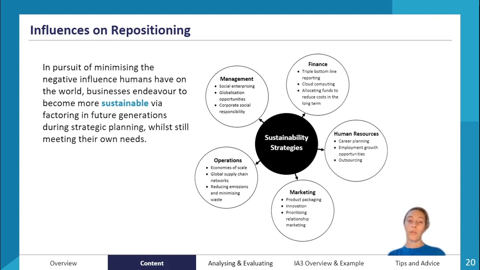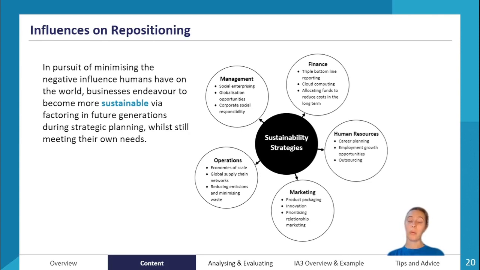So we've got all these different sustainability strategies we can think about in all of these different spaces. Human resources: career planning, employment growth opportunities, and outsourcing. Marketing: product packaging, innovation, and prioritizing relationship marketing.